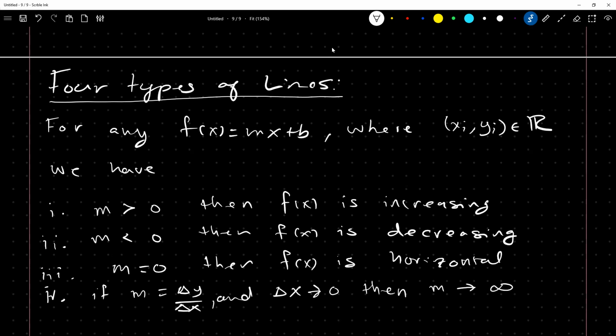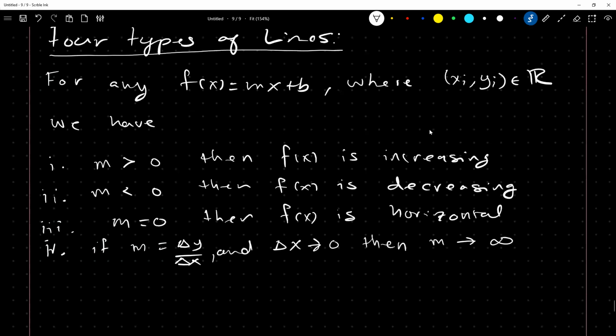In other words, m isn't getting closer to infinity. That's sort of a weird thing to say, right? Because you can never get closer to infinity. What we mean is that the slope is getting larger without any maximum value. So if that's the case, we say that the slope is undefined.